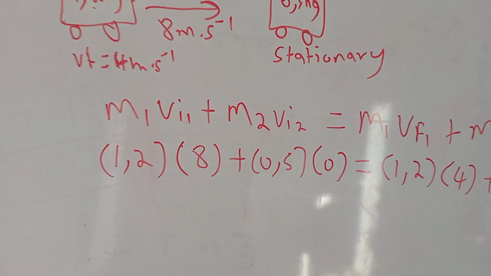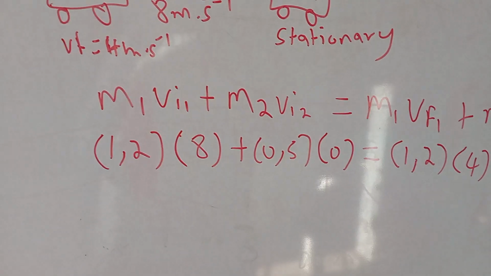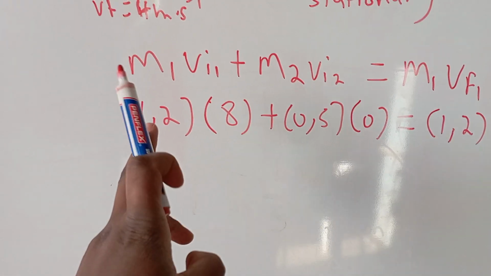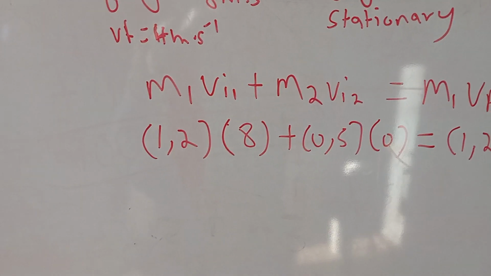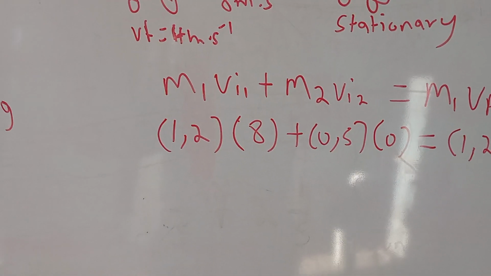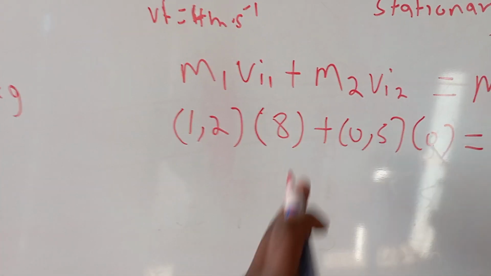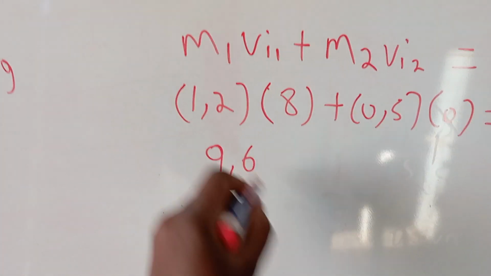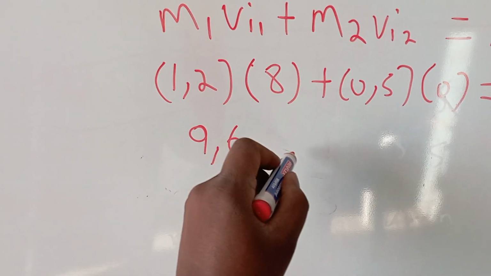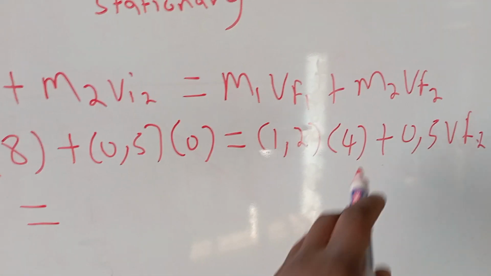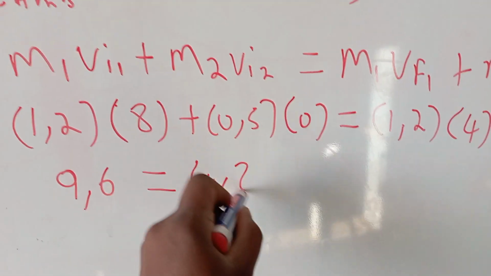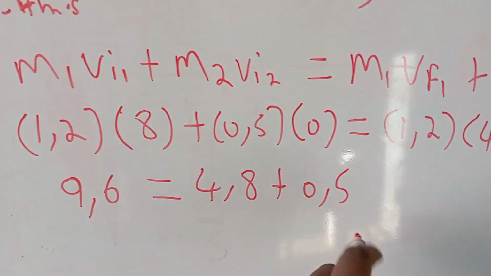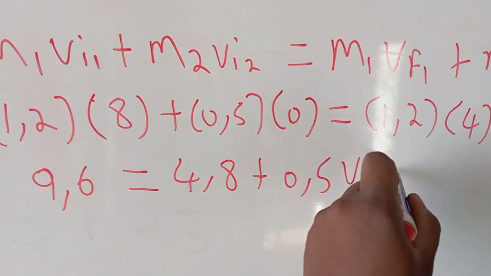So when we have it like this, we can multiply 1.2 by 8, and we get 9.6, which equals 1.2 times 4, which is 4.8, plus 0.5 VF2.